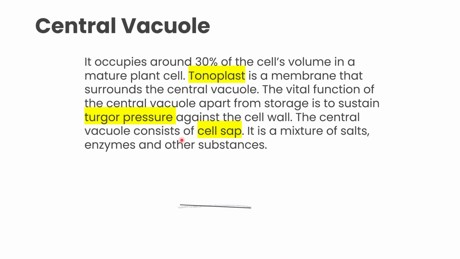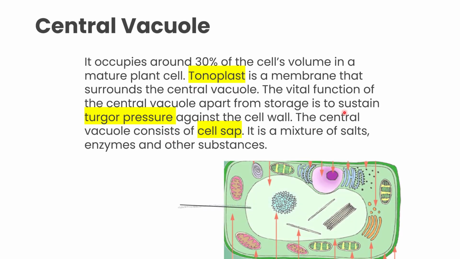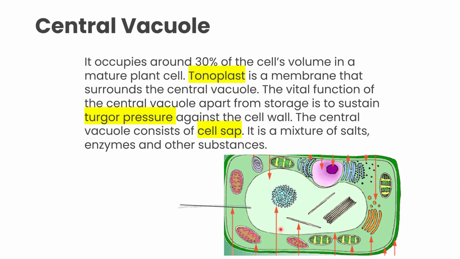Therefore, the central vacuole is responsible to maintain the rigidity of the cell or to sustain the turgor pressure against the cell wall. Here you can see the majority portion of this plant cell is occupied by this central vacuole.